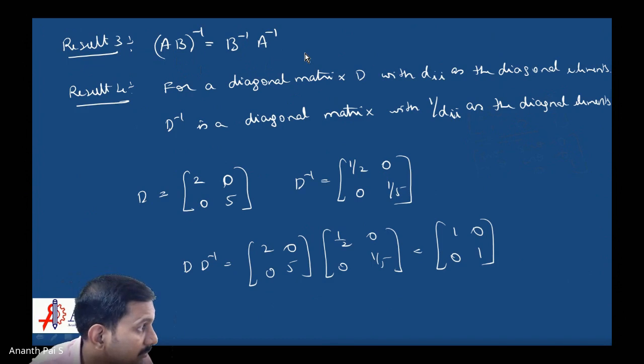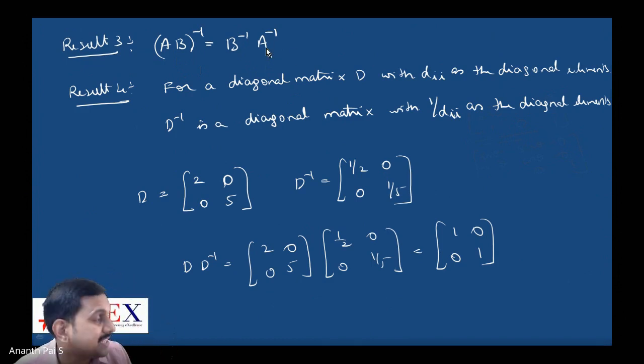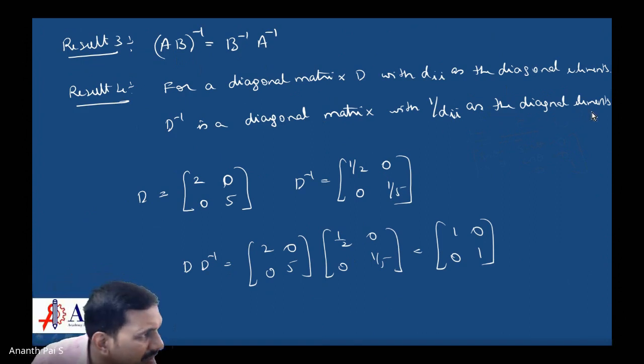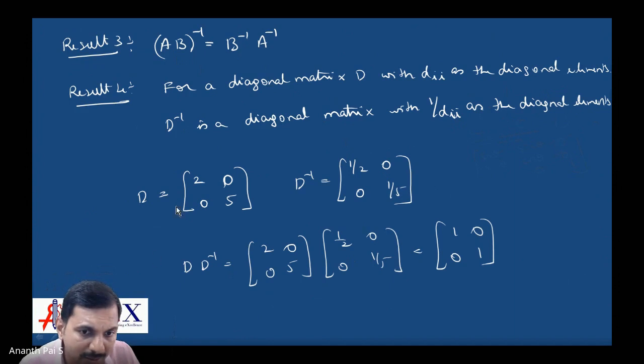Keep in mind, it's not the other way around. This has been asked a number of times. Don't forget. For a diagonal matrix, D inverse is 1 by Dii of each diagonal element. These are all shortcuts, very important. So what is happening? This is a diagonal matrix. What's the inverse of this? Just reciprocate every element.